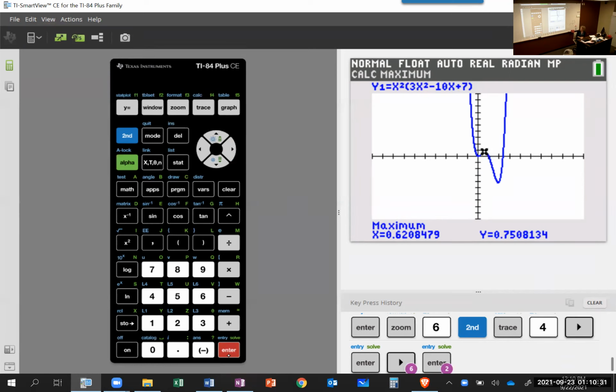And I find out that the maximum value between those bounds was at 0.6 and 0.75, we'll call it. Do you all get those values? You should. Okay. Now go in and find the minimum.